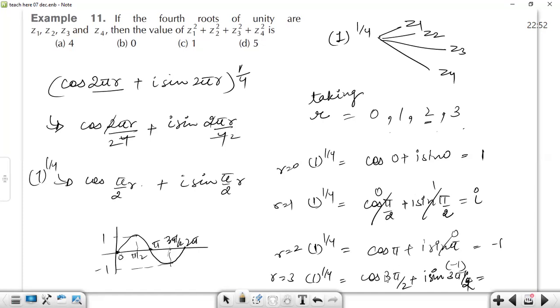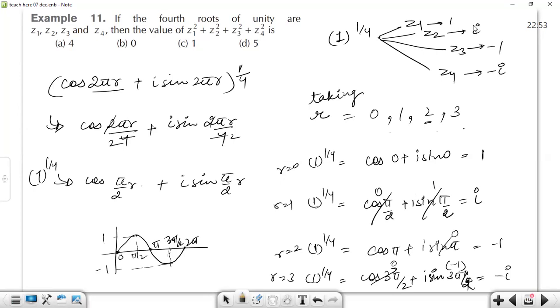So this time cos of 3 pi by 2 will be 0 and sine will be minus 1. So this becomes minus iota. So basically our fourth roots of unity are 1, iota, minus 1, and minus iota.